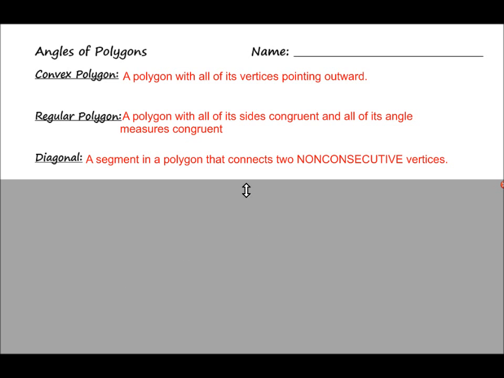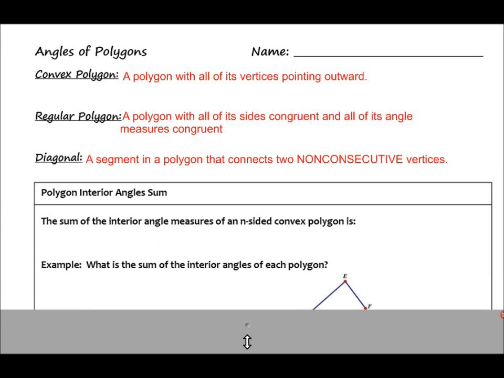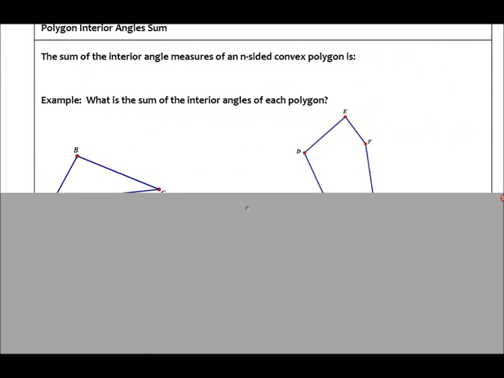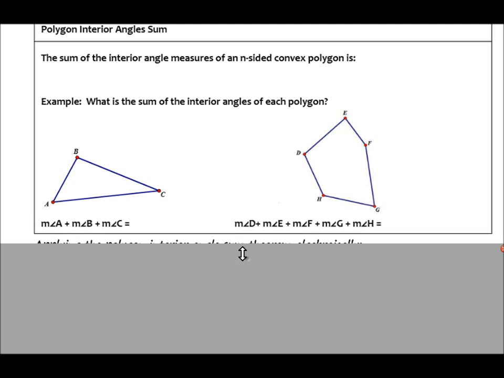Okay, when you did your little warm-up this morning, we actually used diagonals, and the diagonals helped us to figure out what's called the polygon interior angle sum theorem. The interior angles of a polygon are the angles that exist inside the polygon.